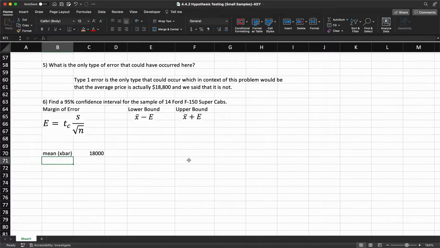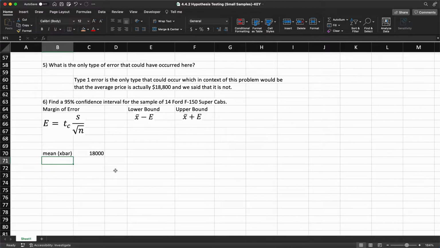If you're doing a 95% confidence interval, 95% of the time that you do this task of pulling out a sample of 14 Ford F-150s and finding the mean price and creating a confidence interval around that, you should be capturing that true population mean 95% of the time.